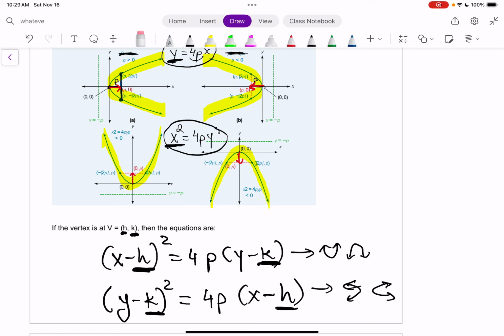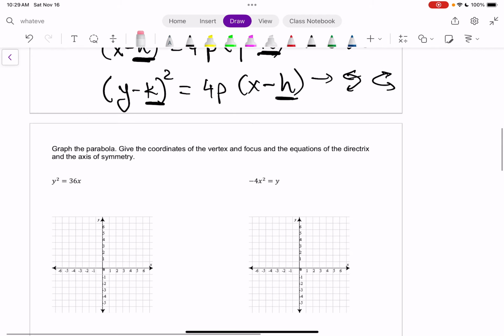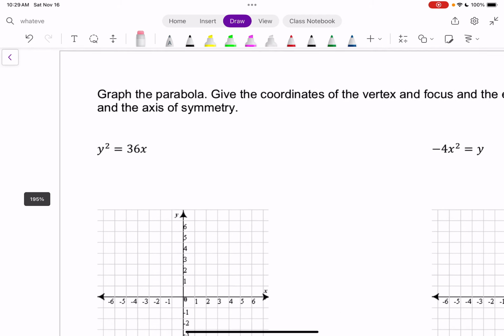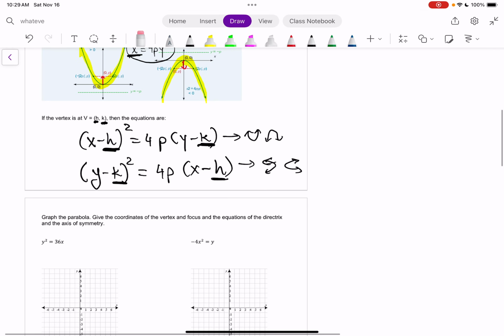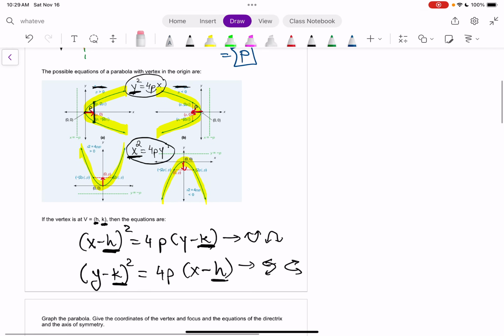All right, so let's see how this comes into place. You just need that 4p. And so here it is. I want you to be mindful that I will give you these regular equations for the parabola, so don't worry about it on a test. As you will see on your practice test, I will put y squared equals 4p x, and x squared equals 4p y on the test.